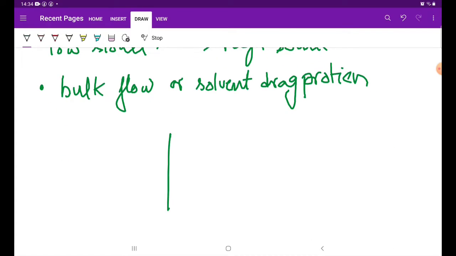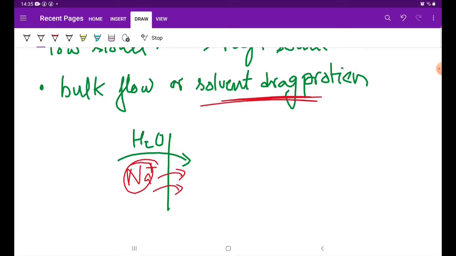When water moves in bulk quantity, along with it a small amount of solutes also moves. That's why it's called solvent drag, because the water drags the solutes along with it.